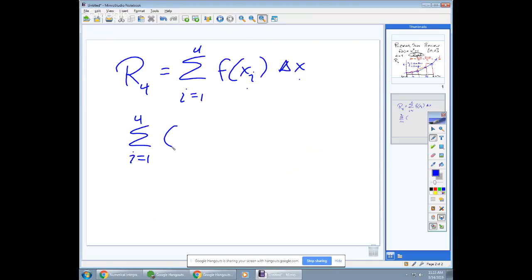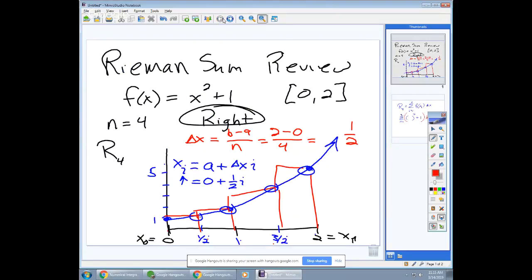My function is something squared plus 1, and then I need to multiply that by delta x. What's my delta x here? 1/2, so I throw 1/2 here. And what was my x of i? 1/2 i, right, is the conclusion we came to right there.